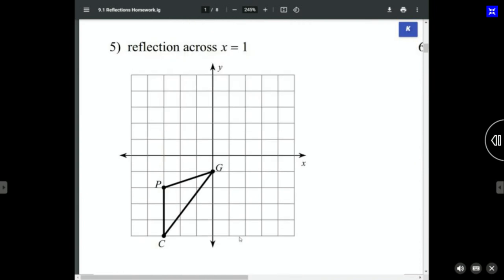Now, on these, we're just going to count. These, you got to go back to the graphing. How do I graph x equals 1? That's x equal 1, right?